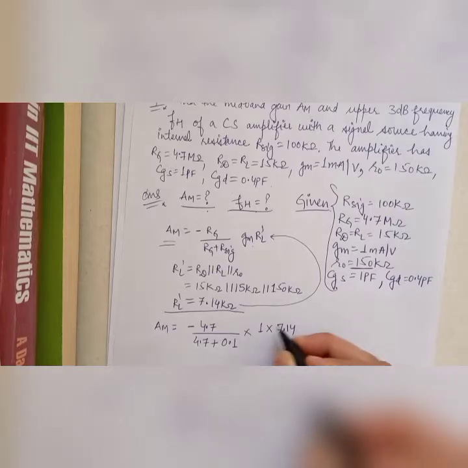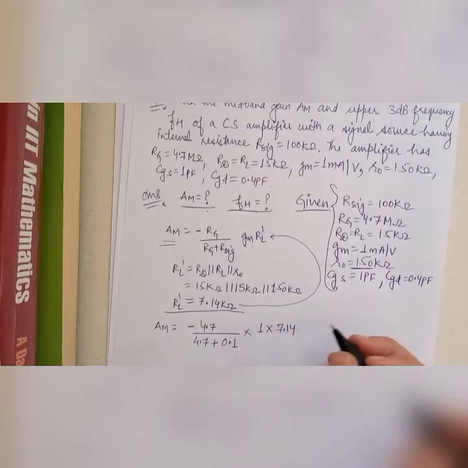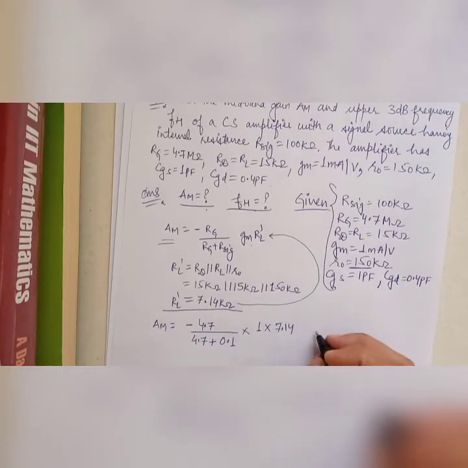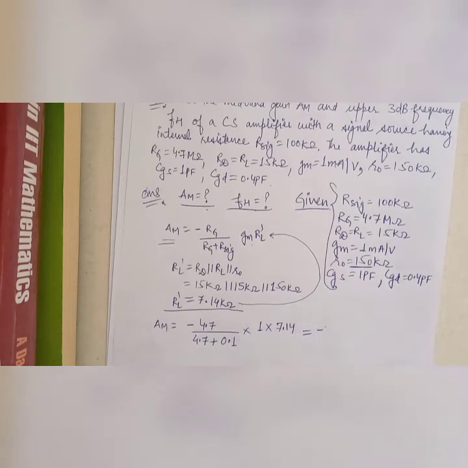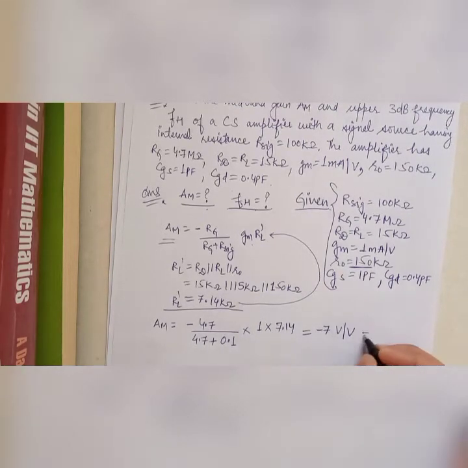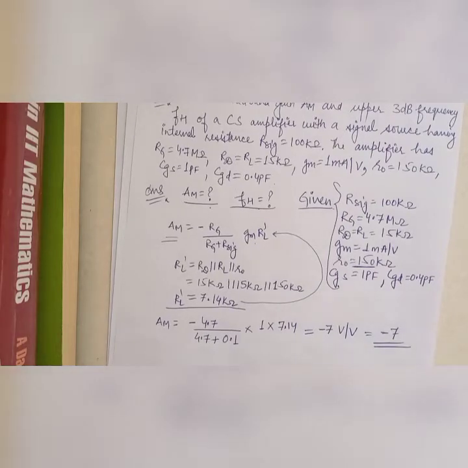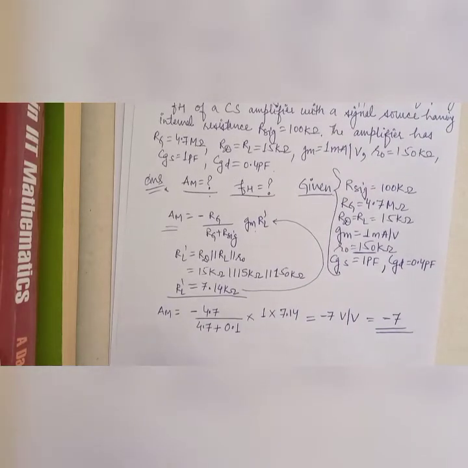So this 10 to the power 3 cancels with the 1 milli, that is 1 into 10 to the power minus 3. So I haven't written. If I calculate, it comes to be minus 7 volt per volt, or I can say minus 7, it's unitless. So this is the value of AM.